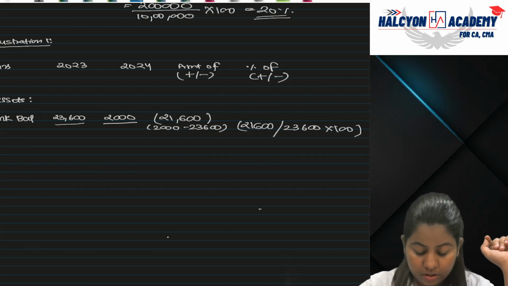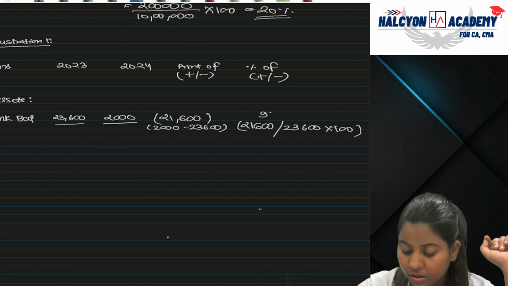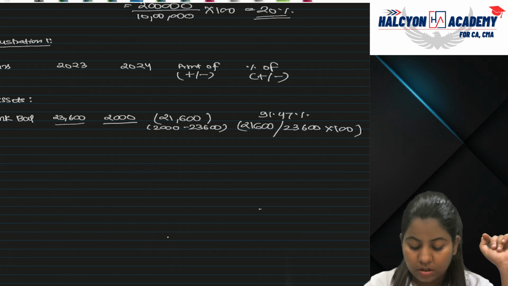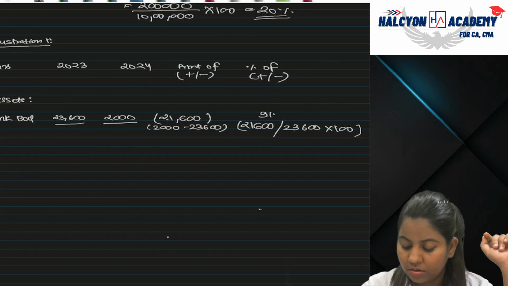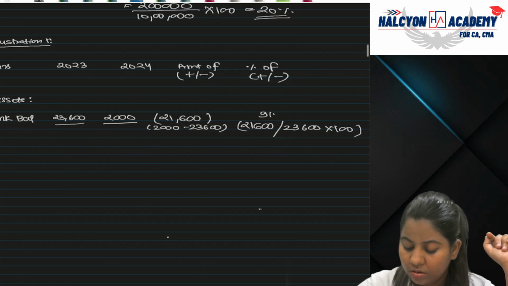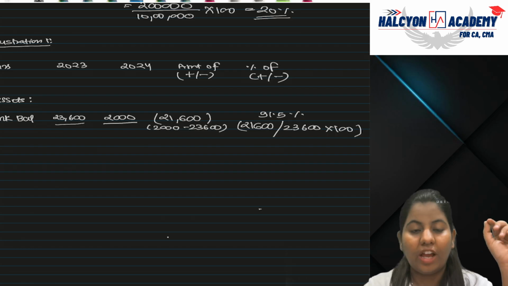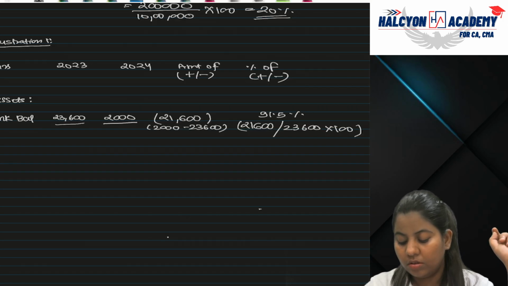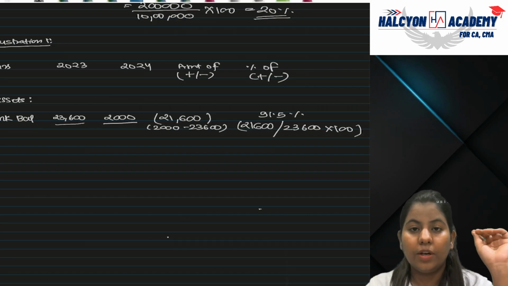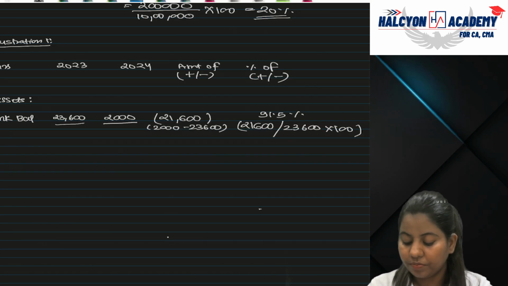It will be 91.477% something. That means 91.5% approx. Rounded figure is 91.5%.